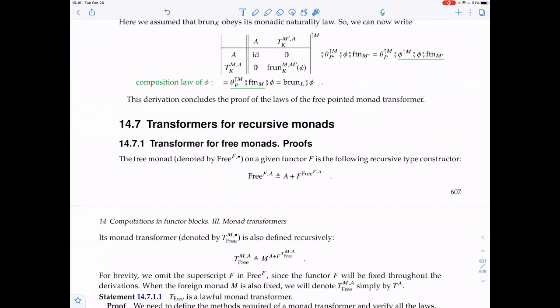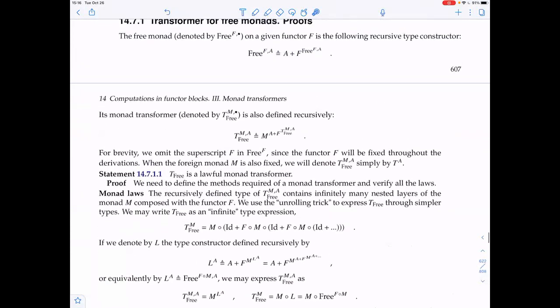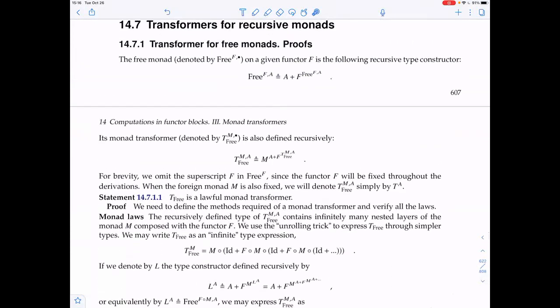The next construction is recursive monads: free monads and lists, so the main monads that are recursive. A free monad is a monad that uses a certain functor and is defined like this.